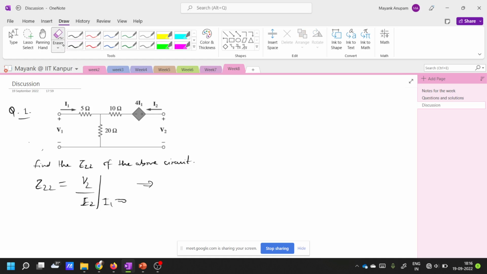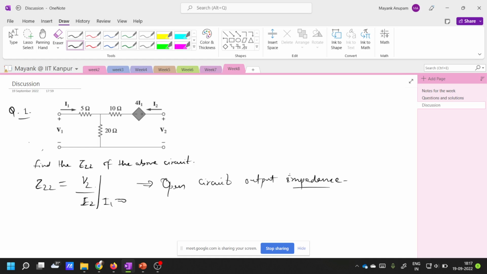This is the open circuit output impedance, correct?